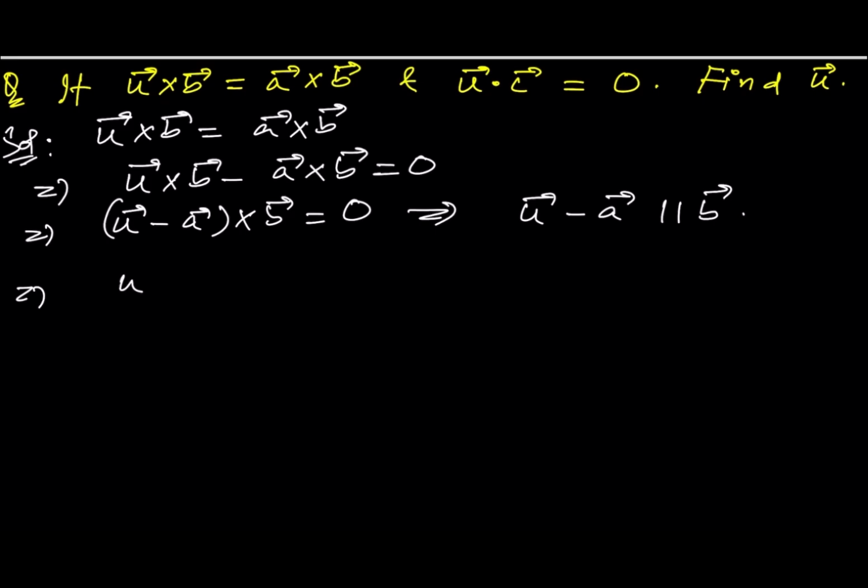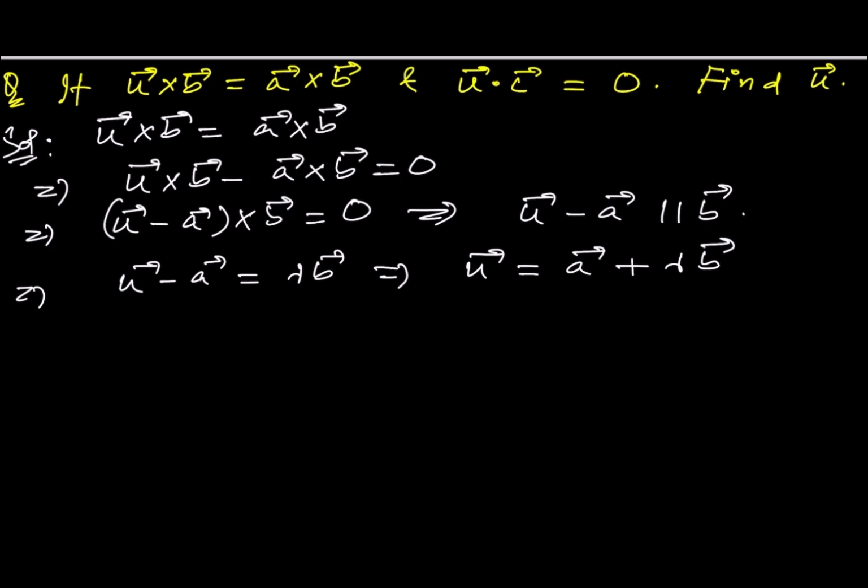So I can write u vector minus a vector is equal to lambda times b vector, or u vector is equal to a vector plus lambda times b vector, right?